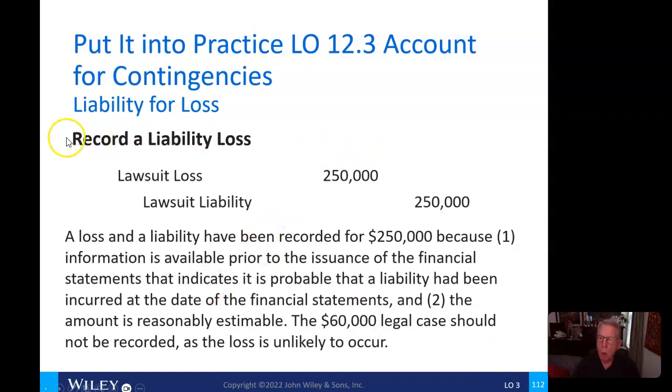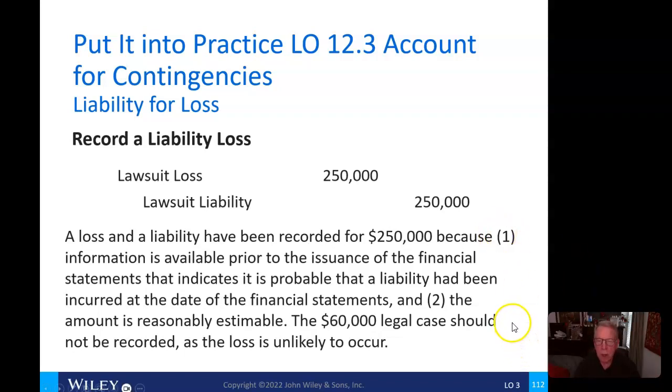Now, how do we record a liability loss? Well, this liability is presumed to be a loss of $250,000 here. A loss and a liability have been recorded because, one, the information that is available prior to the issuance of the financial statements indicates that it is probable that a liability has been incurred at the date of the financial statements.